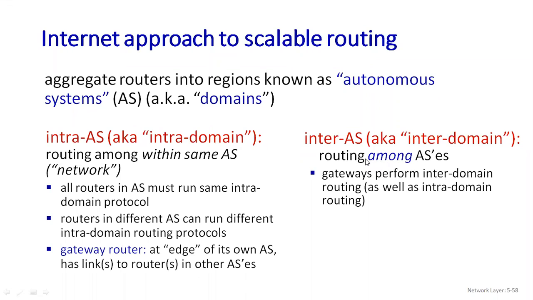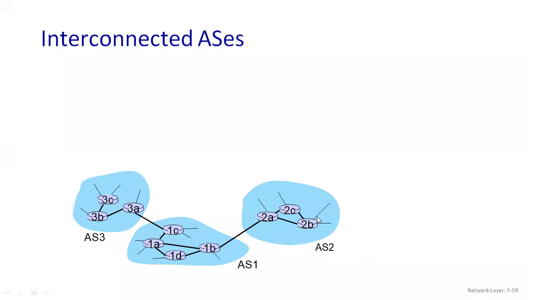It means the routing concept that we are going to apply here, within the network, again network, we are going to apply in autonomous systems, because it will be the routing among your autonomous systems. And here the gateways will perform within your inter-domain routing. The concept will be the same as your intra-domain, but here it will work for your inter-domain routing system.